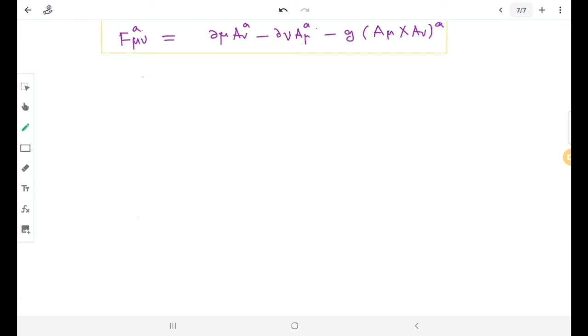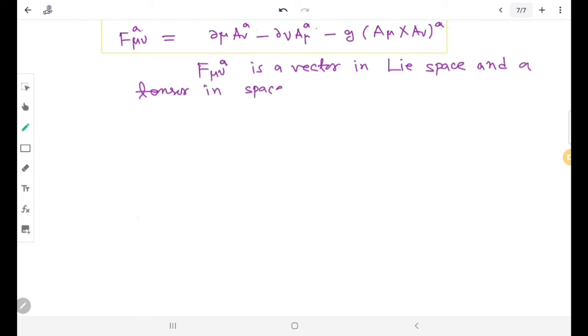So this F mu nu is a vector in Lie space, as it has an index here, and a tensor in space time, because it has two indices here, mu and nu.